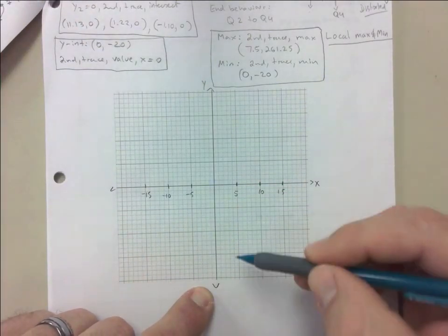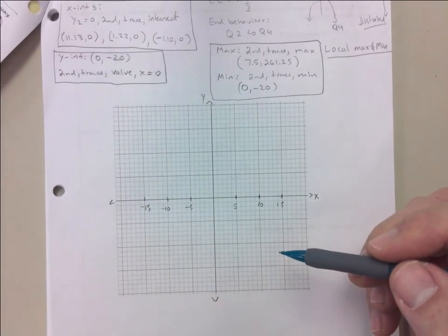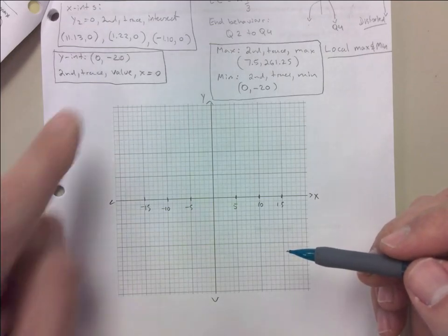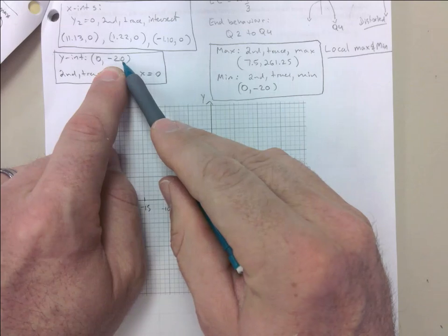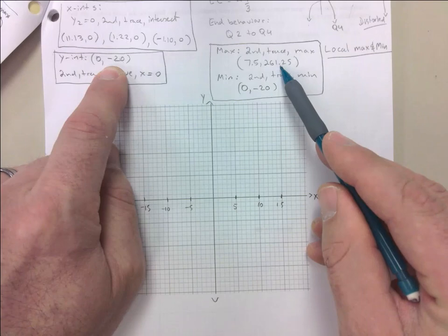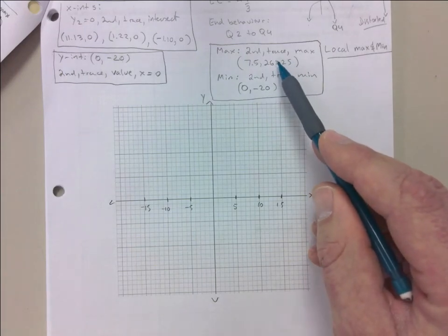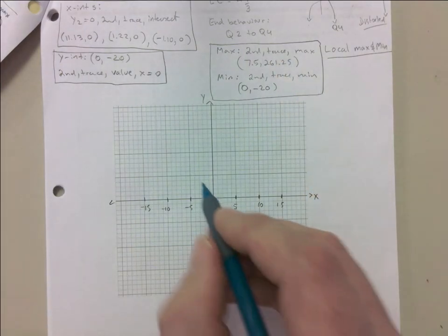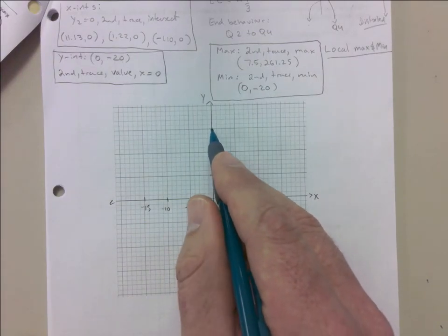For my y, what do I need to account for when it comes to the y-axis? What's the lowest y value you ever get? -20. And the highest y value would be 261. You got to make sure you understand that. 261 needs to fit this thing. So I'm going to go 50, 100, 150, 200.